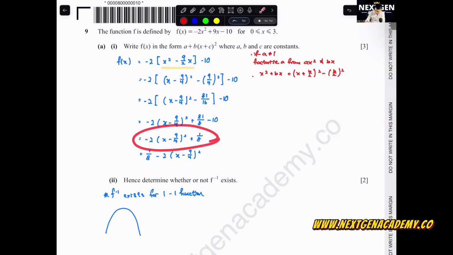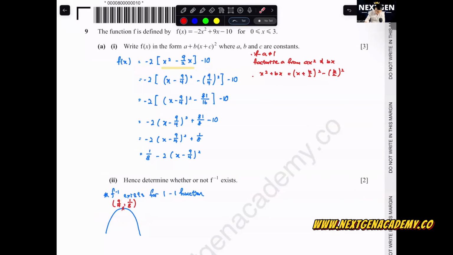According to what we found from the CTS here, your turning point is 9/4 and 1/8. Normally for f inverse to exist, you will take here to the right or here to the left, either one of it.